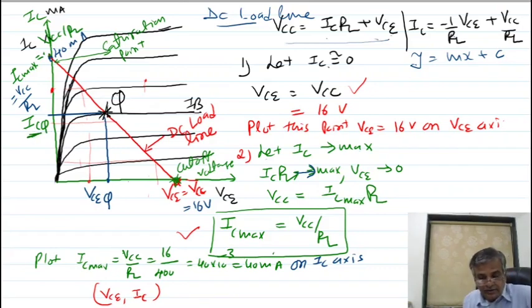The Q point specifies the DC value of collector current and the DC value of the collector emitter voltage when the AC signal is not applied. This is a DC current.